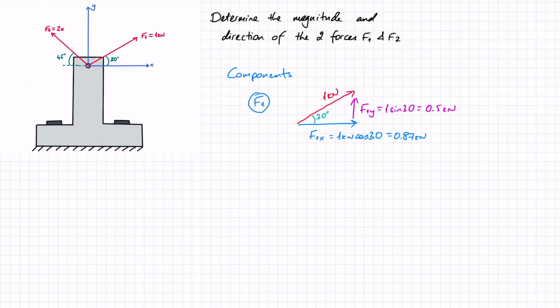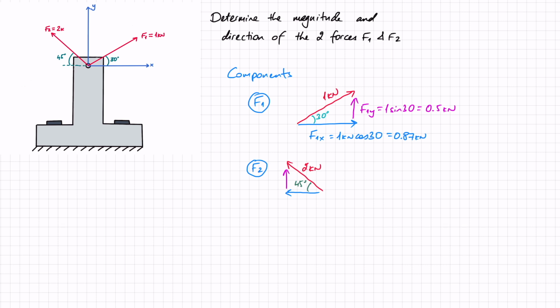Let's move on to look at force F2. So the force was 45 degrees in this direction, and it was 2 kilonewtons. And if I divide this into x and y, I can see that I've got a force that goes in the negative x direction. Let's just remind ourselves as well that this is 45 degrees here. And I've also got a force that goes in the positive y direction.